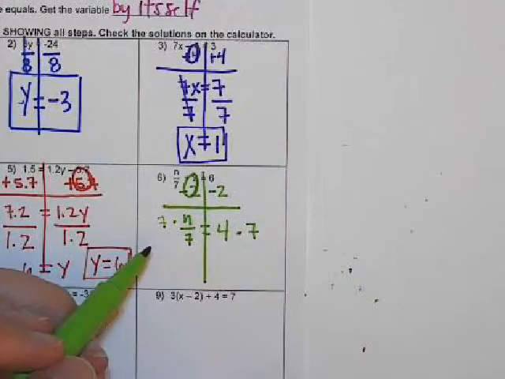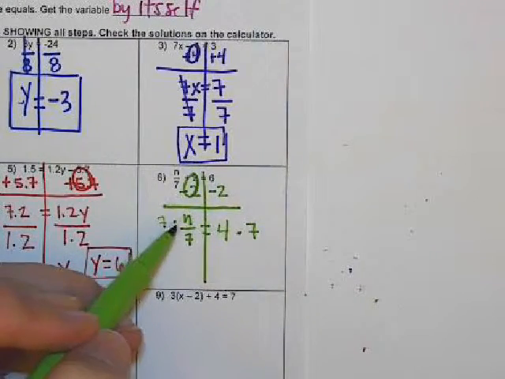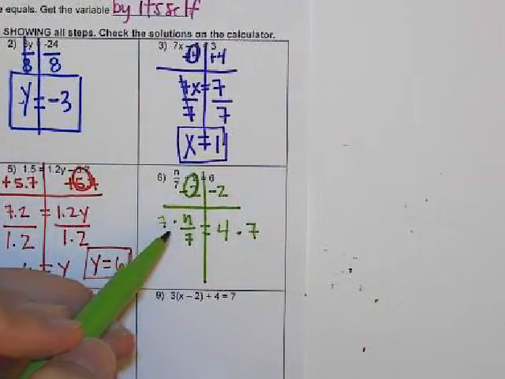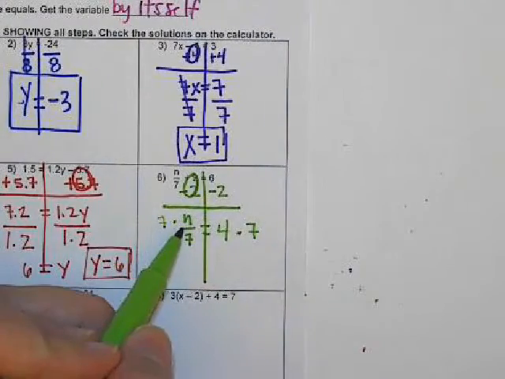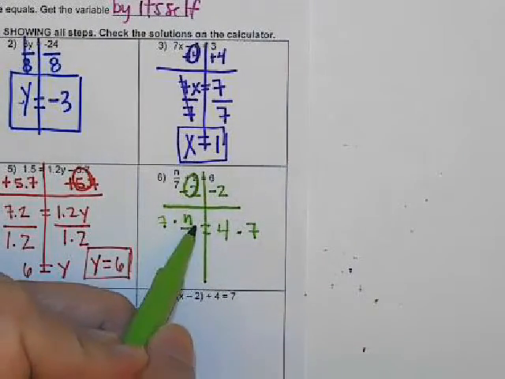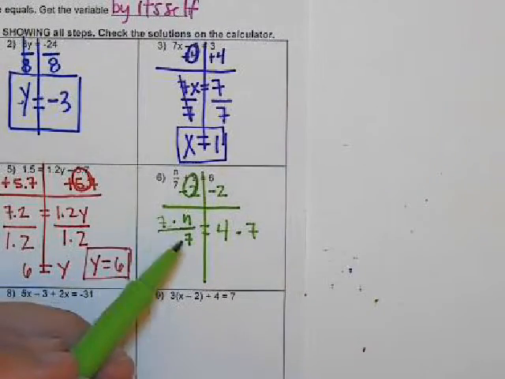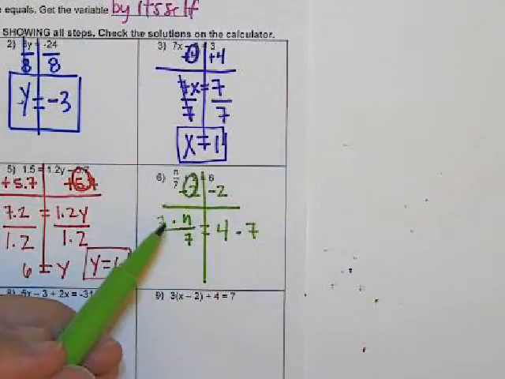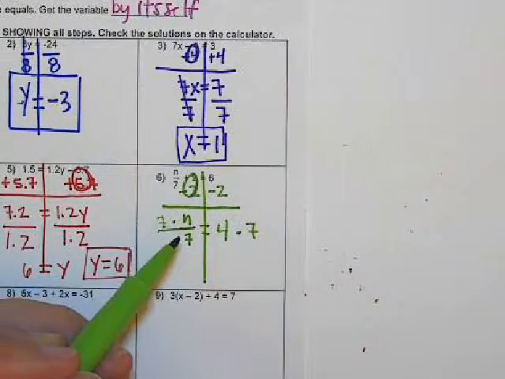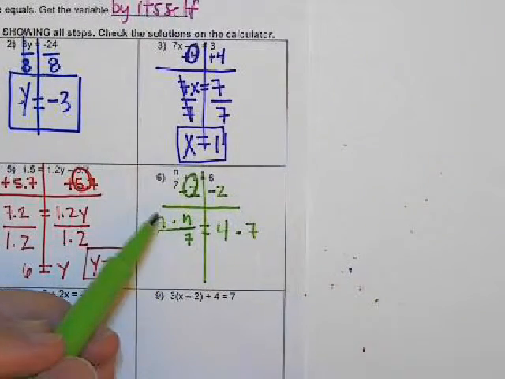Okay. So when I multiply this, this is really 7n over 7. If I have the same thing on top and bottom, what does that equal? The same thing on top and bottom gives me 1.